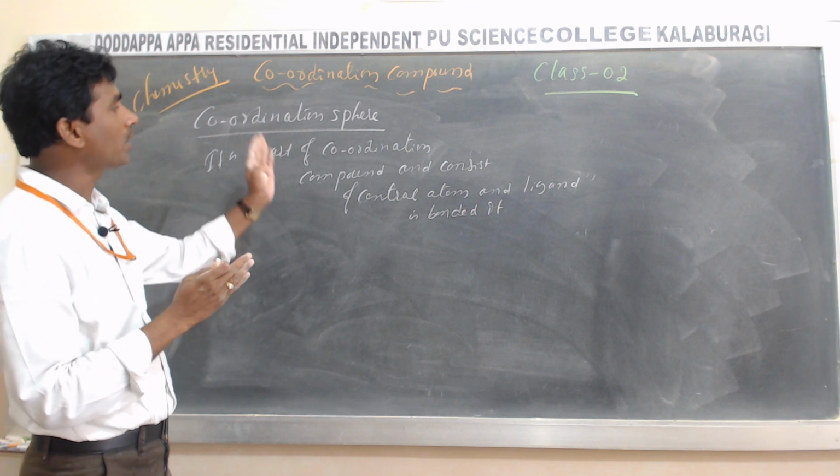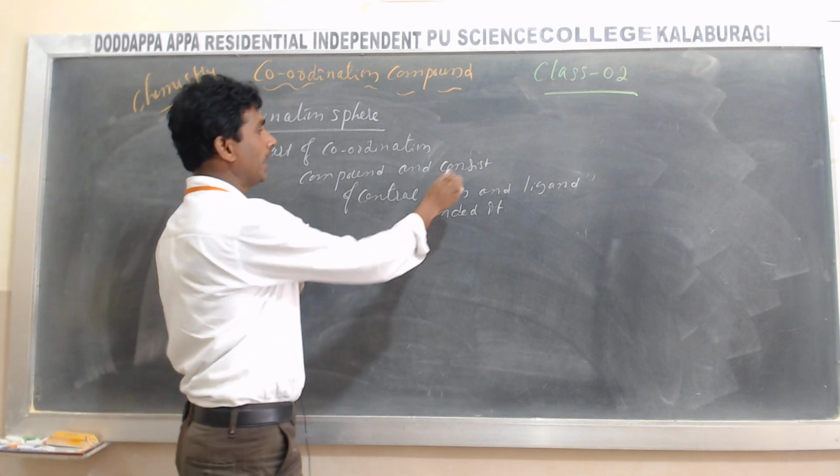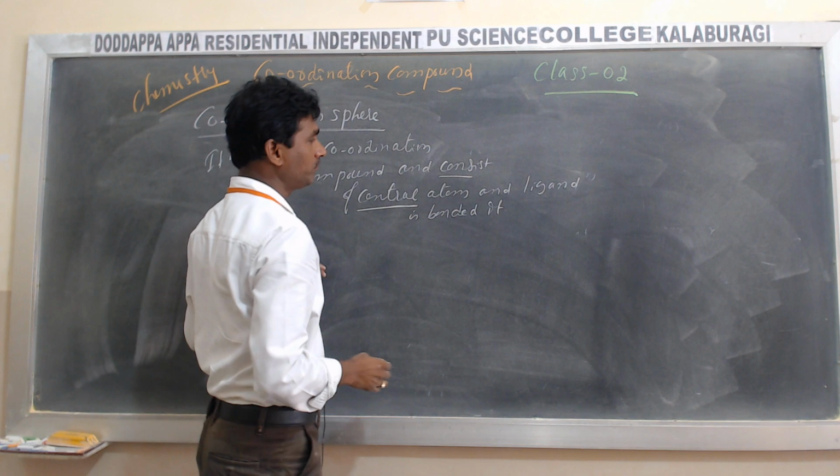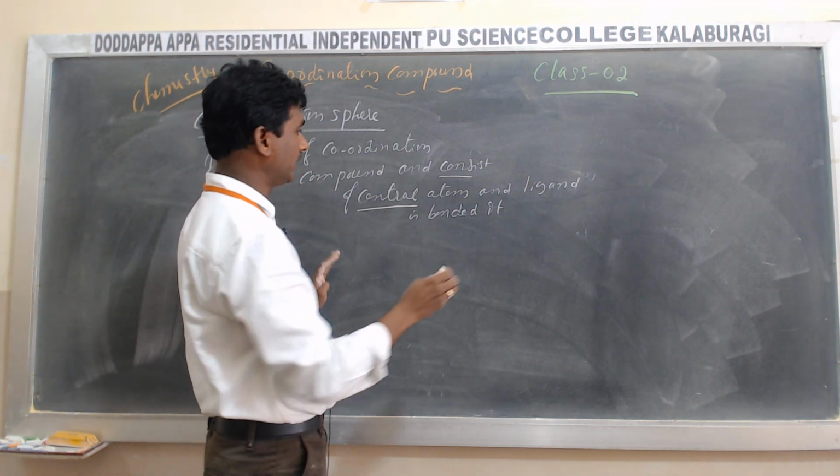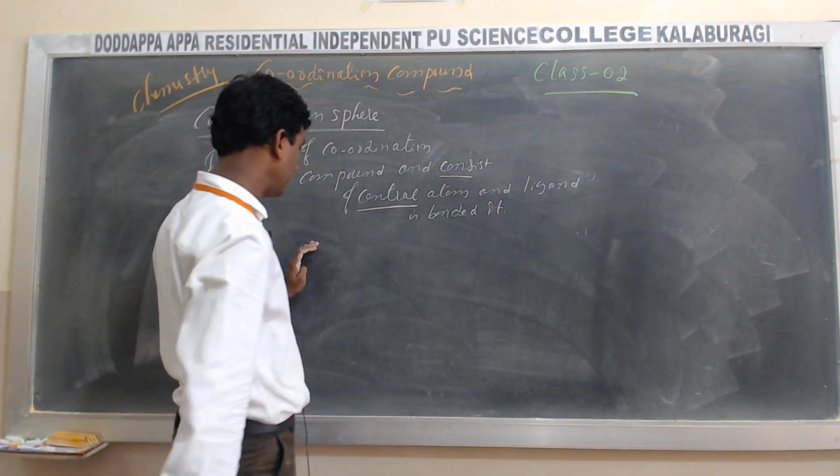The coordination sphere is a part of the coordination compound, and it consists of the central atom where ligands are directly bonded or attached to it. So this is called the coordination sphere.